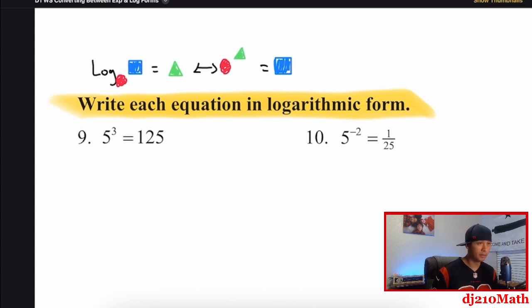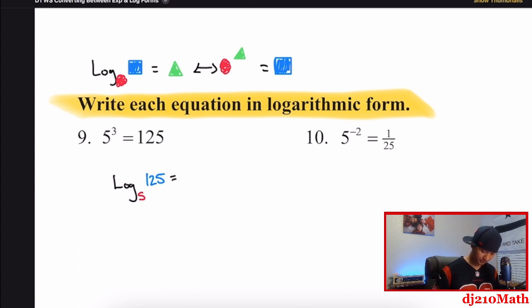Okay. So working backwards, I know it's going to be a log because I want it in log form. So the base, base 5, the square, and this equals what?